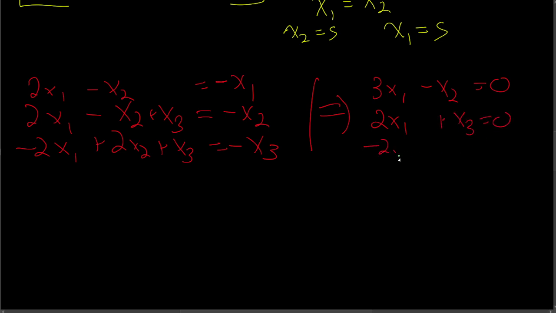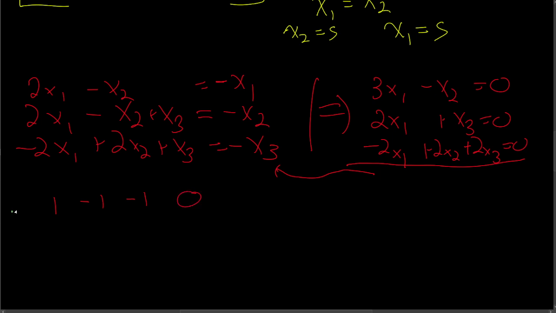I'm going to get -2x1 plus 2x2 plus 2x3 equals 0. Right away, I can see these all have 2's, so I'm going to divide everything by -2, and I want to make this the first row in my matrix. So that's going to be 1, -1, -1, 0.